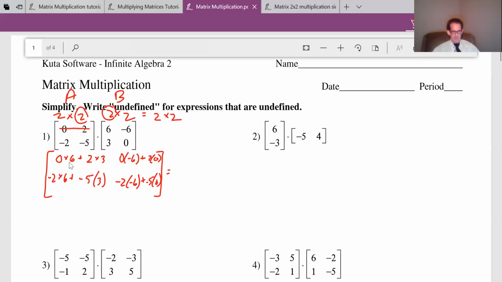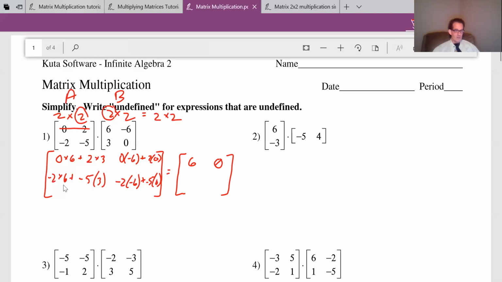So I know that 0 times 6 is 0, plus 2 times 3 is 6. So my first number in my matrix is going to be 6, okay? The second number is going to be 0 times -6 is 0. 2 times 0 is 0. So the second number over here is 0. Okay, let's take a look at this one. So I have -2 times 6, that's -12, and -5 times 3 is -15.